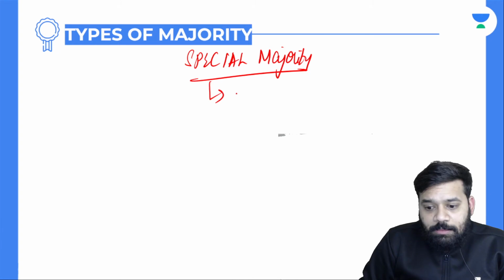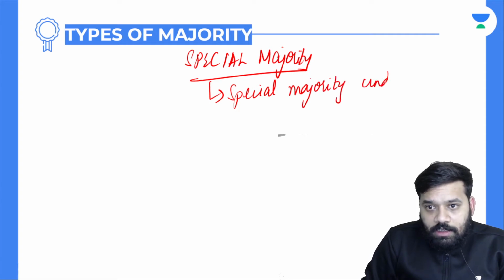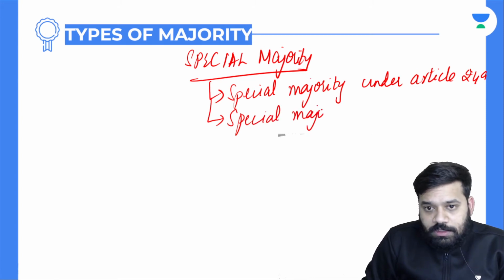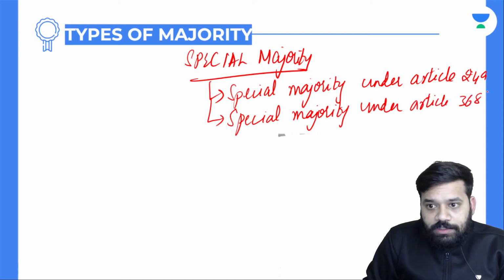The first type is special majority under Article 249. Then there is special majority under Article 368.